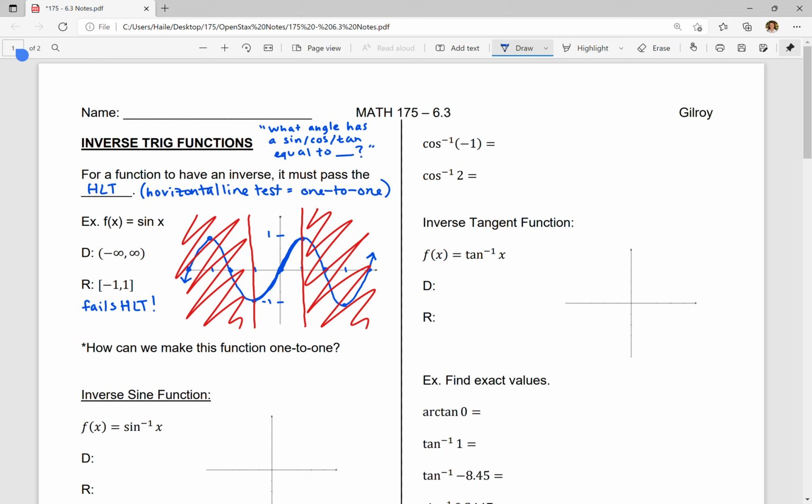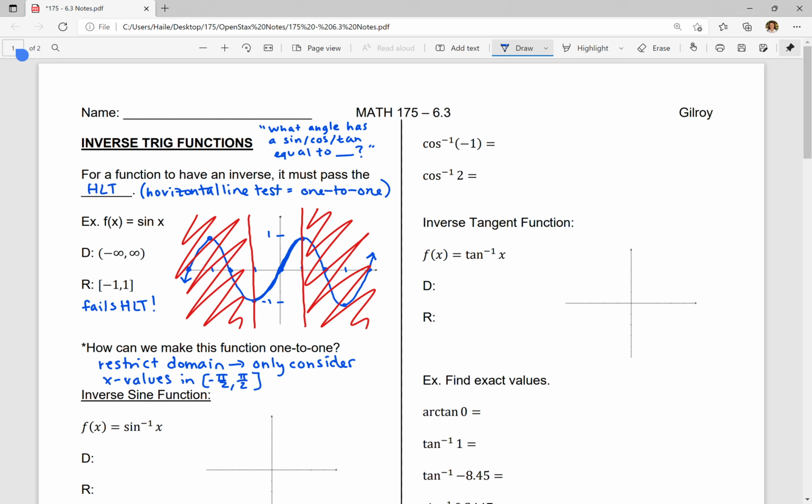So the way that we make this function one-to-one is we restrict the domain. What this means is we only consider x values on the interval negative pi over 2 to pi over 2.